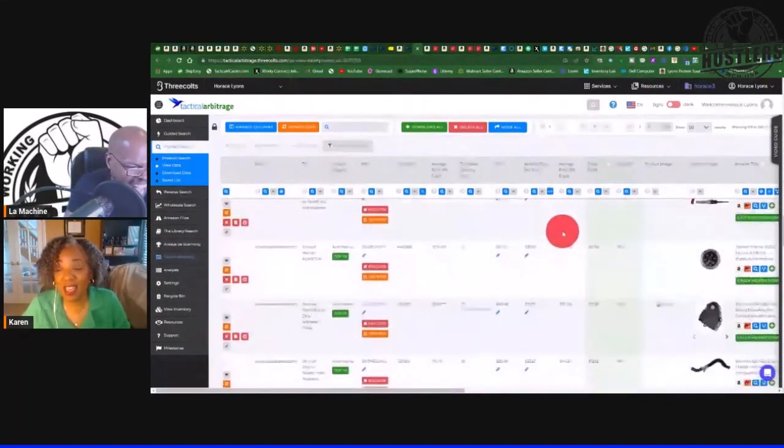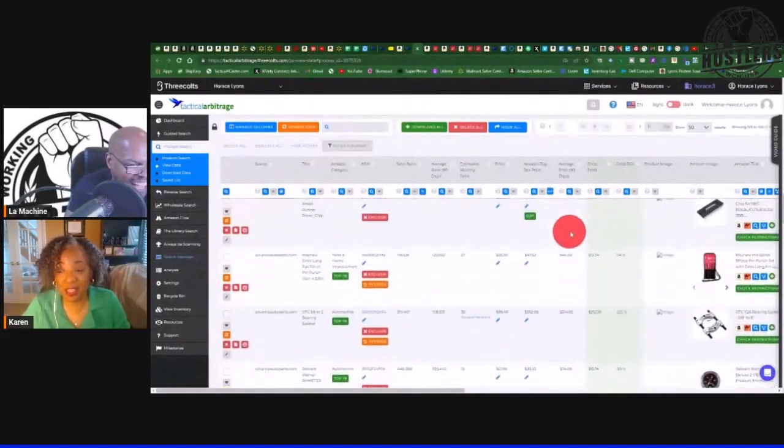Hey, Sheila said higher priced items doesn't necessarily mean higher ROI or more profit. No, not necessarily. Not at all. However, what it may mean is that in order to get a certain dollar amount, you just need to sell fewer items.